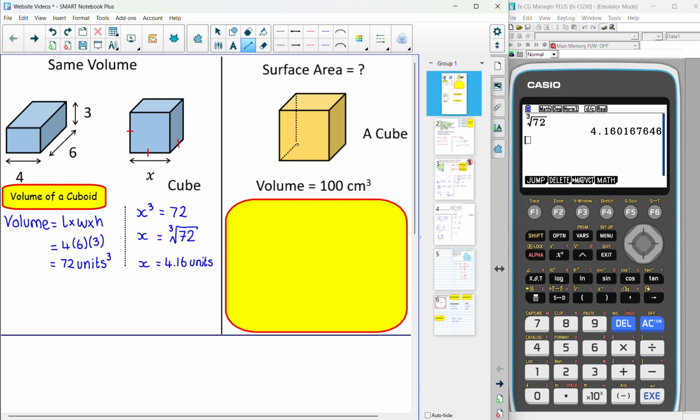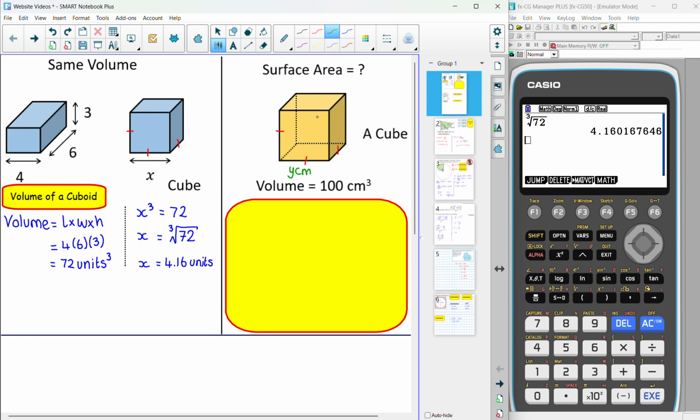So these are the little dimensions which you can't see inside the shape. Clearly you can see that the length and the width and the height are exactly the same. So that length and that height and also the depth over here are exactly the same. Let's pretend, for example, this is y centimeters. So let's write that down. That's going to be y centimeters.